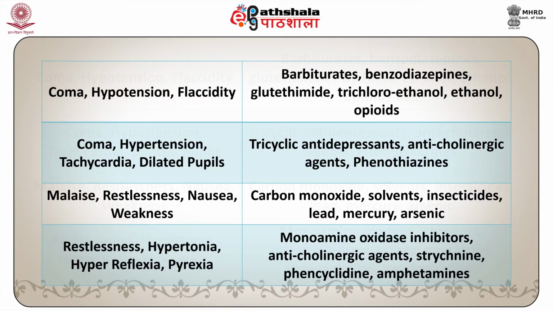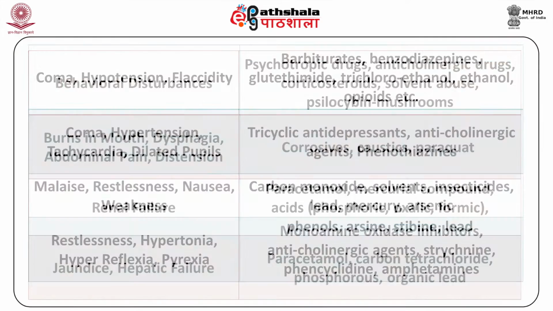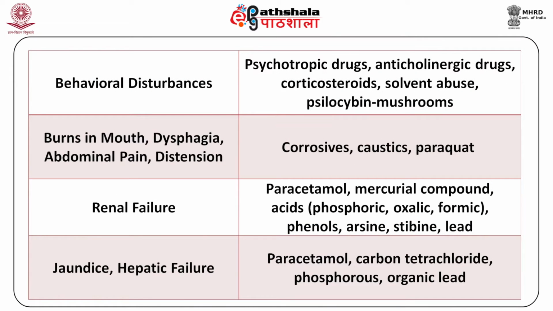solvents, insecticides, lead, mercury, arsenic. For restlessness, hypertonia, hyperreflexia and pyrexia, it is monoamine oxidase inhibitors, anticholinergic agents, strychnine, phencyclidine and amphetamines. For behavioral disturbances, it is the psychotropic drugs, anticholinergic drugs, corticosteroids, solvent abuse, psilocybin mushrooms.